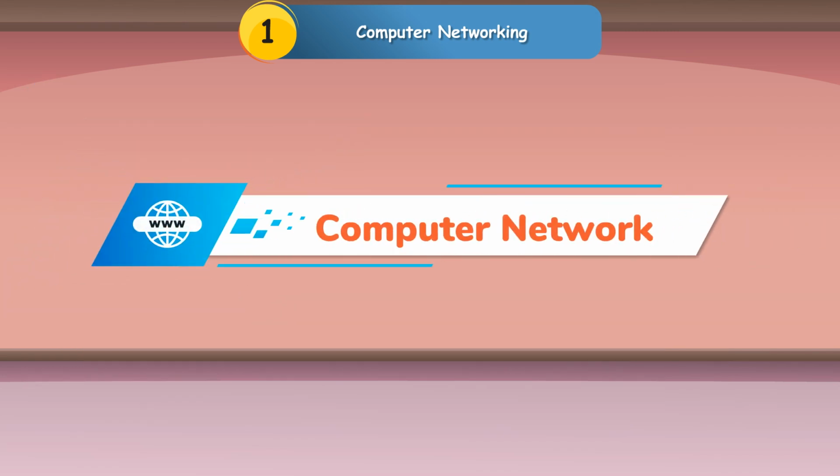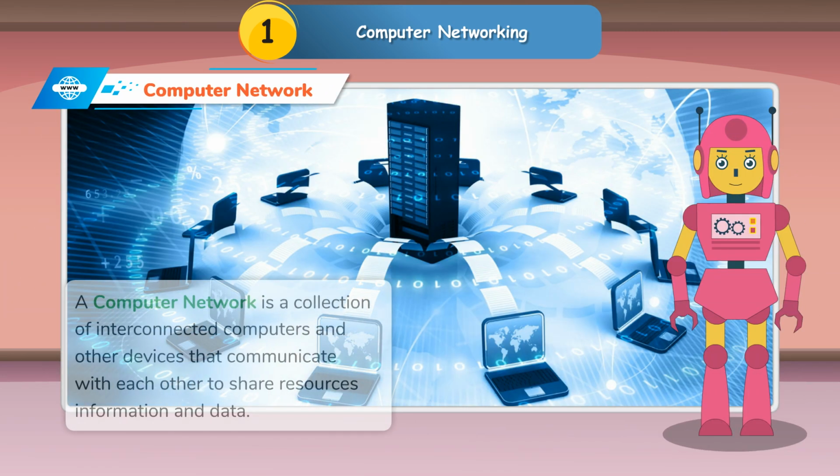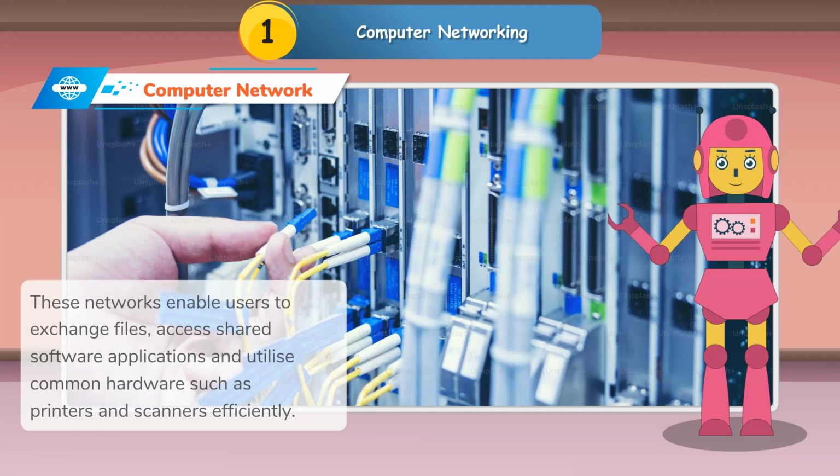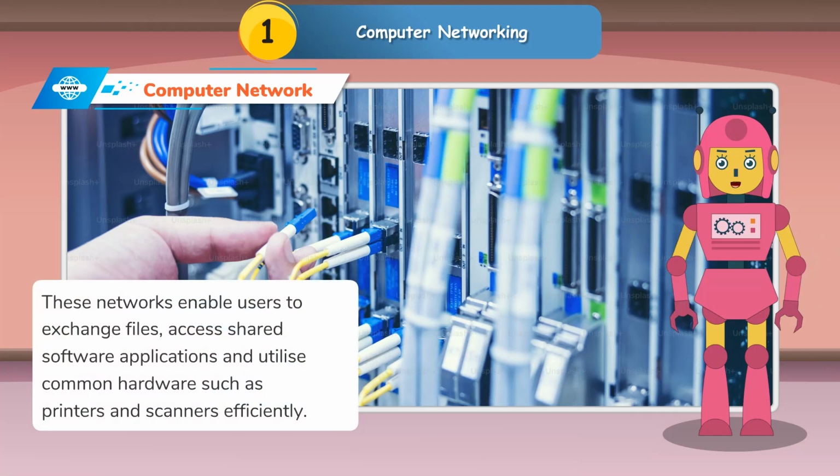Computer network. A computer network is a collection of interconnected computers and other devices that communicate with each other to share resources, information, and data. These networks enable users to exchange files, access shared software applications, and utilize common hardware such as printers and scanners efficiently.